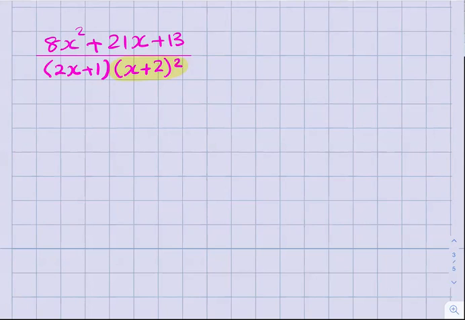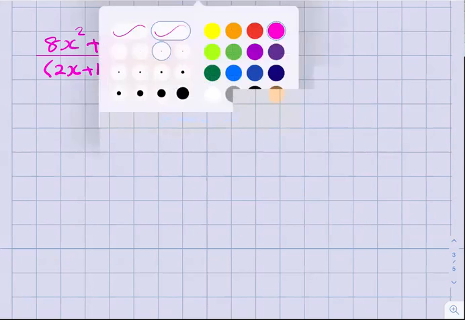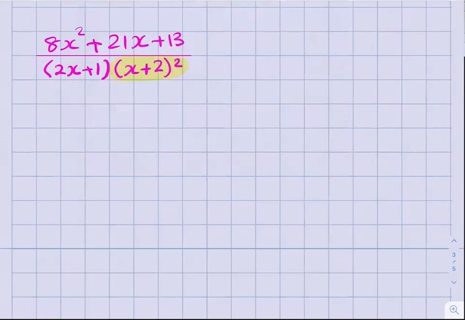Also, as I told you, maybe you will be given this equals a over 2x plus 1 plus b over x plus 2 plus c over x plus 2 squared.